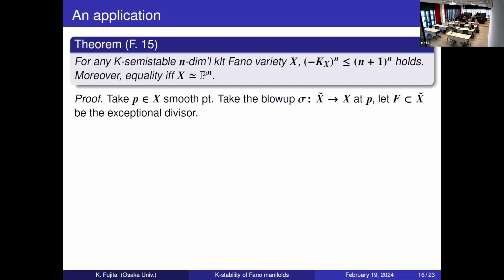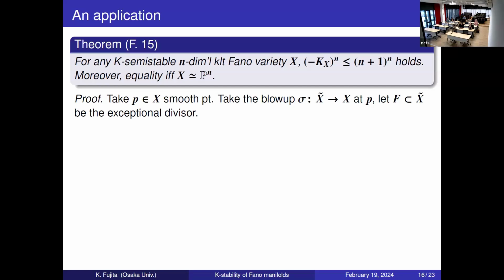So I said in the beginning that Kollár–Miyaoka–Mori showed that the family of n-dimensional smooth Fano varieties is bounded, but the upper bound of anti-canonical volume is far from being optimal. But if we add K-semi-stable, then allowing singularity is also okay. Anyway, anti-canonical volume is optimally bounded.